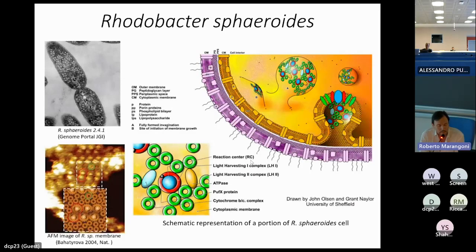So, mimicking nature, we were inspired by biological living organisms, in particular photosynthetic bacteria. In photosynthetic bacteria, in the cytoplasmic membrane, there are three enzymes that can transduce light energy into chemical energy in the form of ATP.